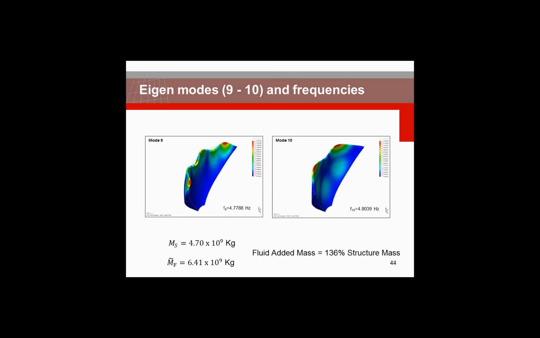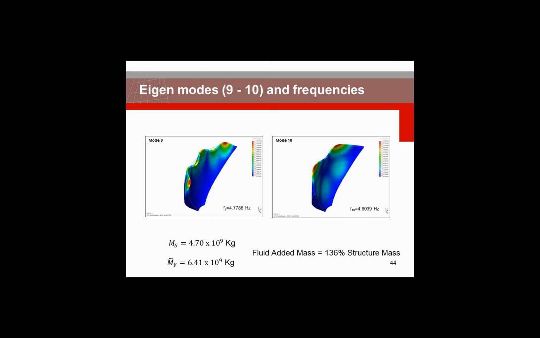And an important fact here is that the mass of the structure, say the mass of the dam, is 4.7 times 10 to the power 9 kilograms, and the added mass given by the fluid is 6.41.